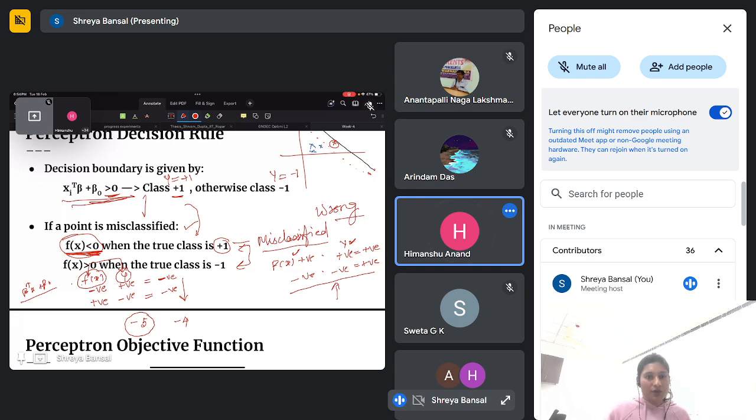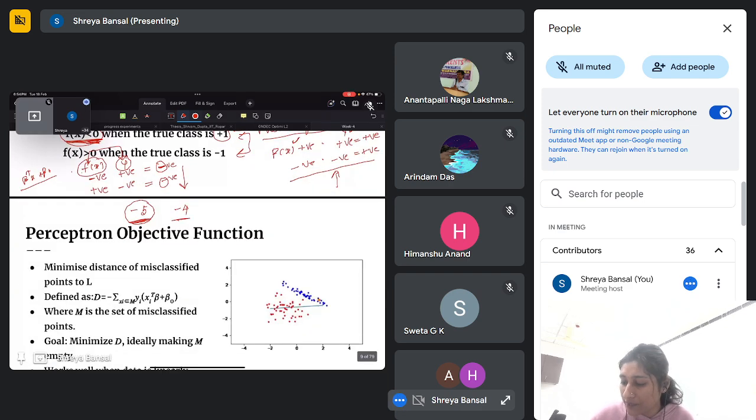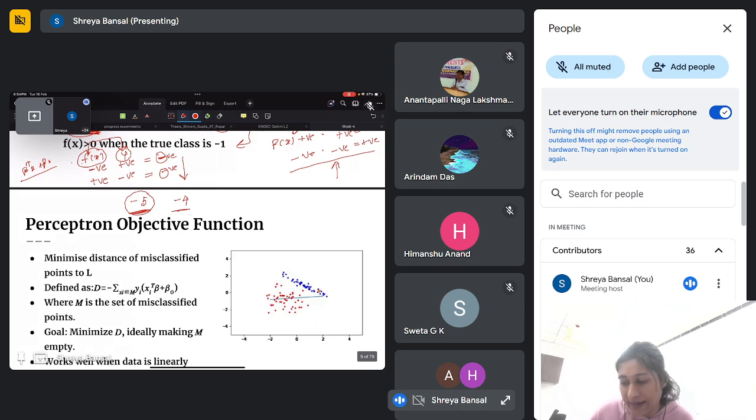So what I am going to say is that these are actual negative values, but here the sign only means the positive class or negative class. That's why in our objective function we put a minus at the front to minimize it.